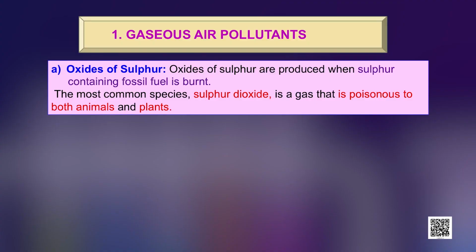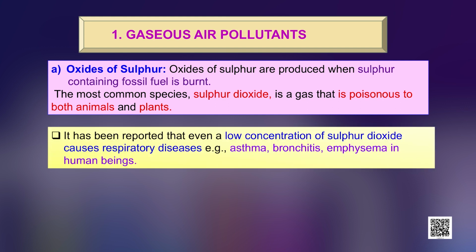Let us now study about the gaseous air pollutants in detail. In the gaseous air pollutants, the first category is that of oxides of sulfur. Oxides of sulfur are produced when sulfur containing fuel is burnt, especially the fossil fuel is burnt. The most common species, which is sulfur dioxide, is a gas and is poisonous to both animals and plants.